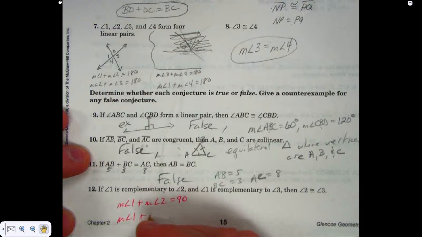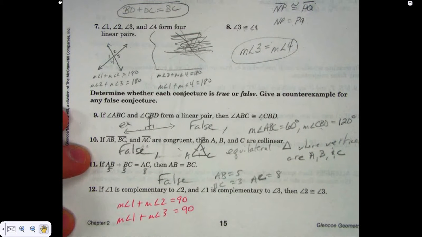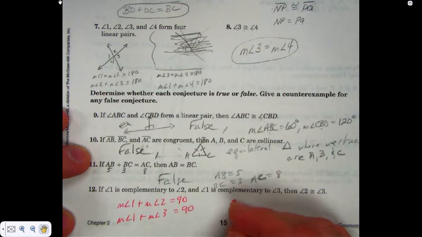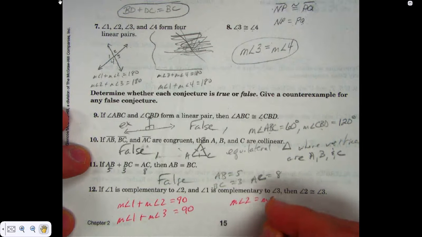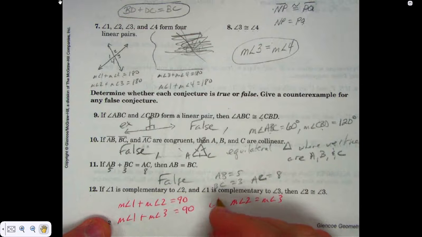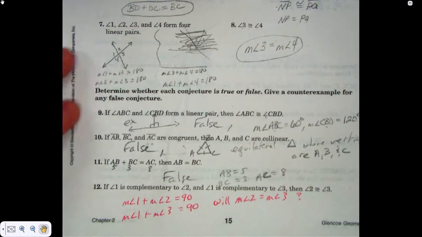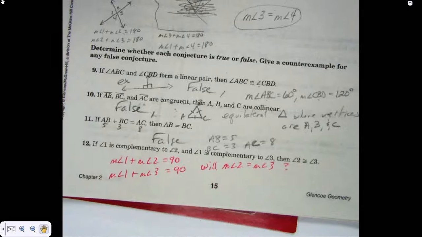Will the measure of angle 2 always be equal to the measure of angle 3? What do you guys think? Can you think of an example where it wouldn't work?